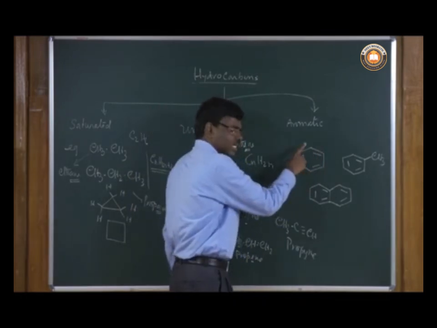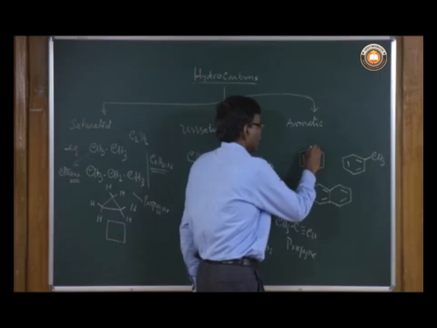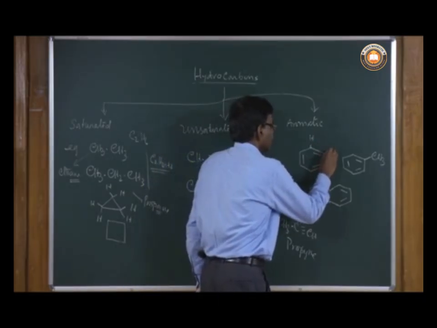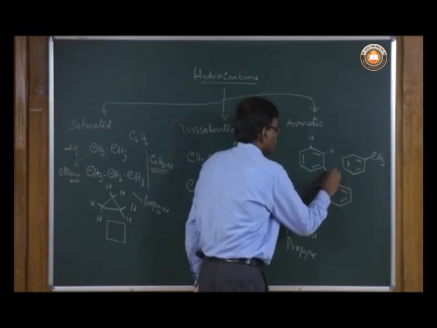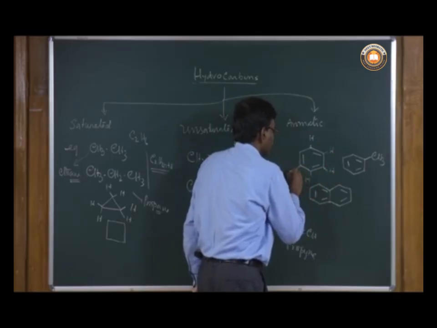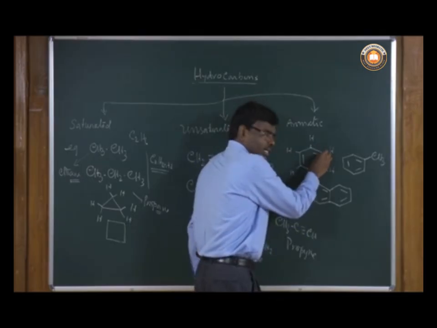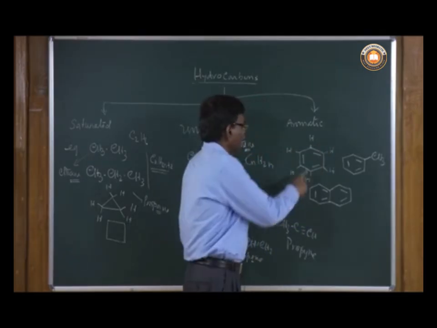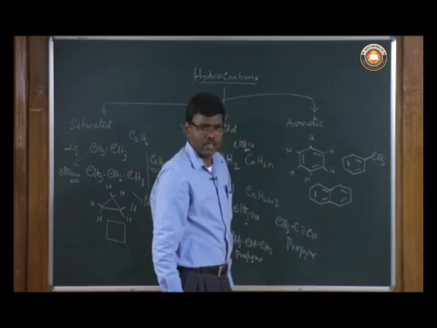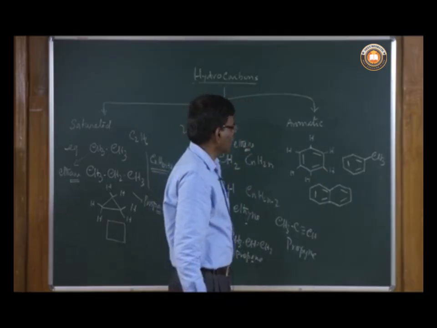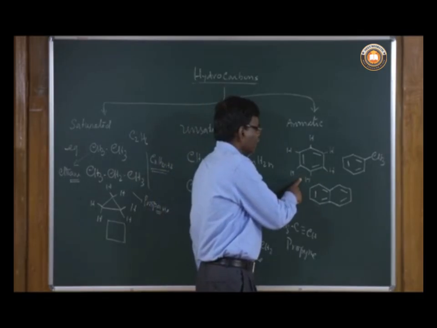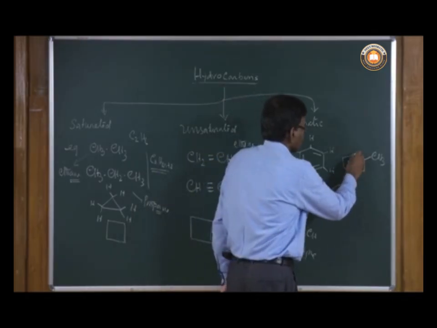It has 6 carbon atoms, each carbon bonded with another carbon by a double bond, and at the same time with one hydrogen atom, CH. So this compound is called an aromatic compound, and these are also derivatives.